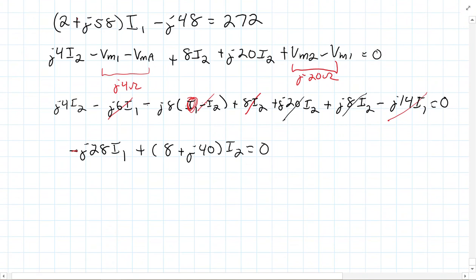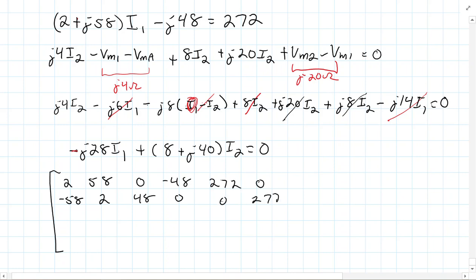Alright, finally we're able to write down my matrix. So we'd have 2, 58, minus 58, 2, 0, negative 48, 48, 0, 272, 0, 0, 272, and then we'd have minus 20, I'm sorry, 0, minus 28, 28, 0, 8, 40, minus 40, 8, and then 4 zeros here.